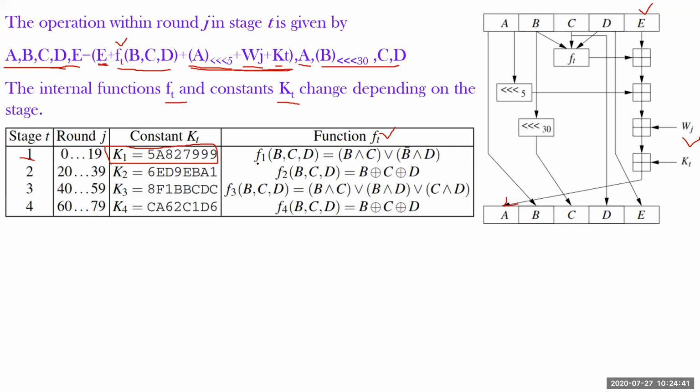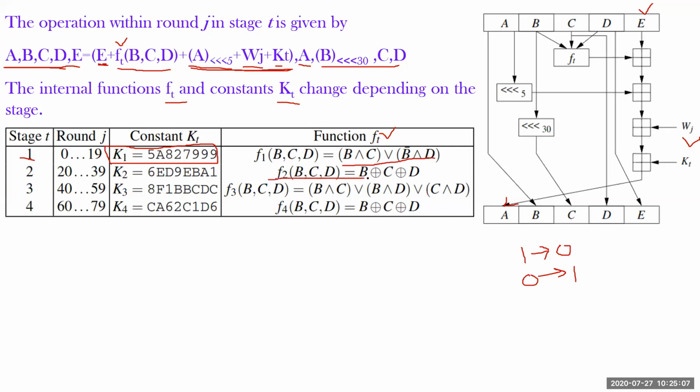F1 of B, C, D will be equal to B and C, or B complement and D. We know what the complement is: if 1 is submitted by you, the complementary value will be 0; if 0 is submitted, the complementary value will be 1. Like this, you have identified it for the first stage.